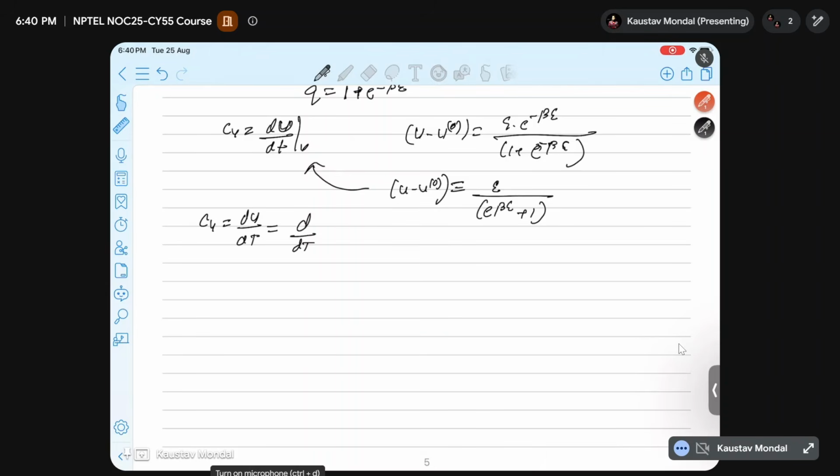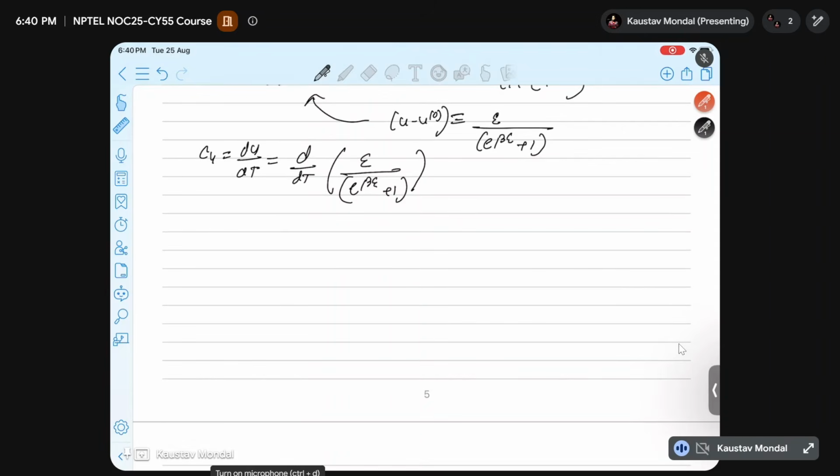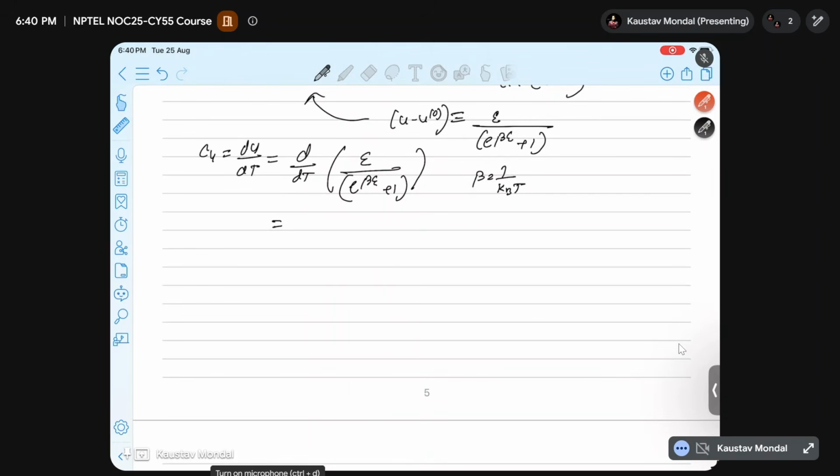Taking the derivative, with beta equal to 1 by kBT, it will give you minus epsilon square e to the power beta E divided by e to the power beta E plus 1 whole square.